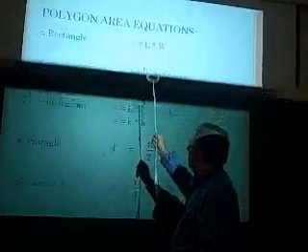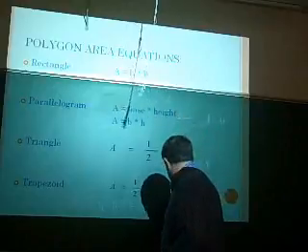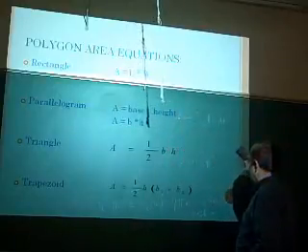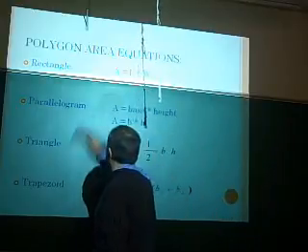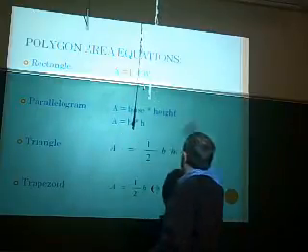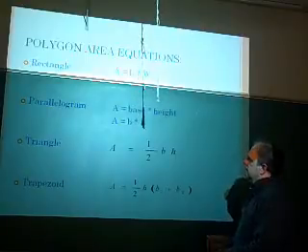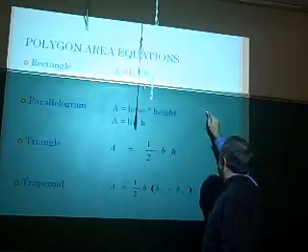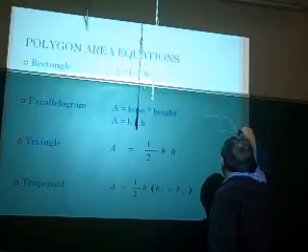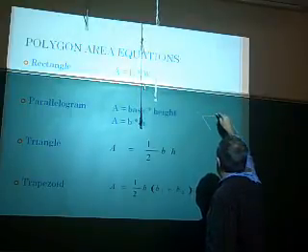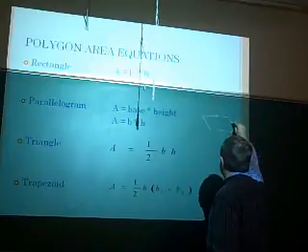But what's different, the difference between a parallelogram and a rectangle is that a rectangle has to have 90-degree angles. Whereas a parallelogram, all it needs is that both pairs of opposite sides are parallel.